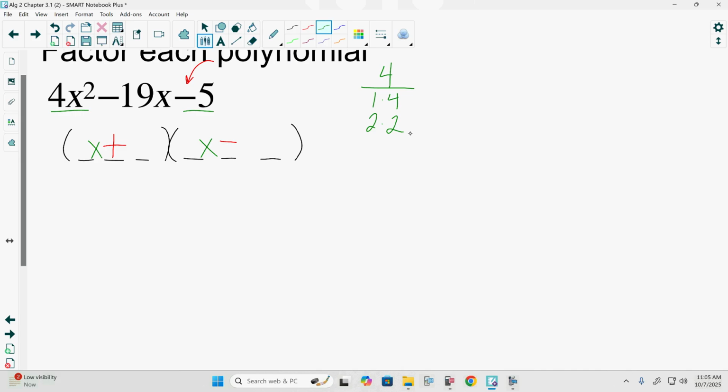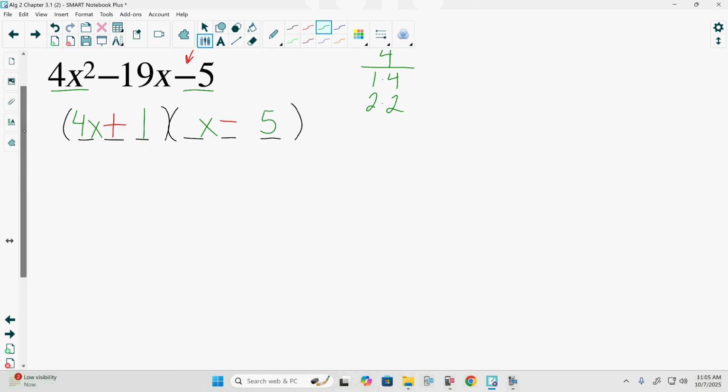Which one do we want to try first? 1 and 4. You want the 4 with the plus or with the minus? Okay. Factors of 5 are 1 and 5. Are there any others? Where do you want to put the 5? With the 4? Over here? All right.